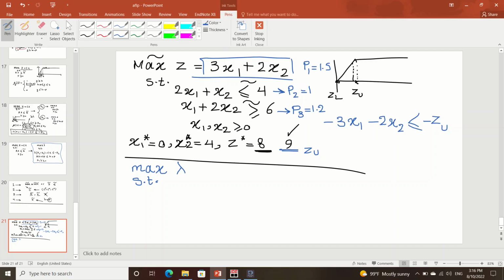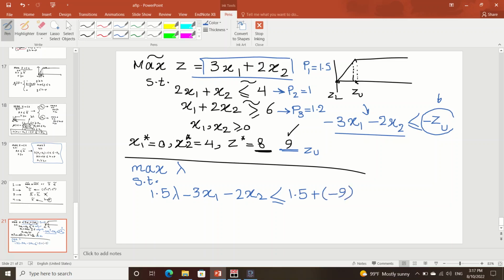Lambda must be multiplied to the p1 for the objective function: 1.5 lambda plus this expression, minus 3x1 minus 2x2 is less than, as you remember, we must add the allowable deviation to this value. I mean 1.5 plus minus 9.